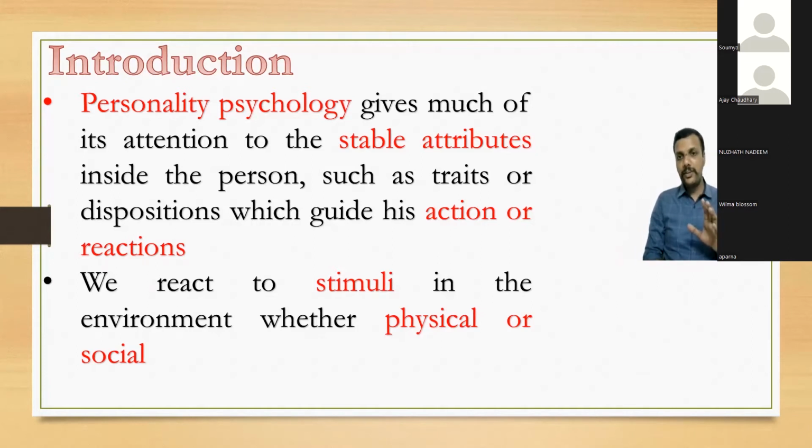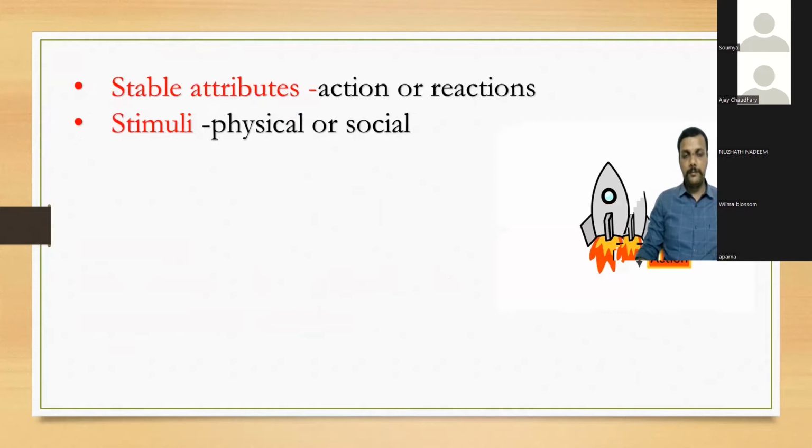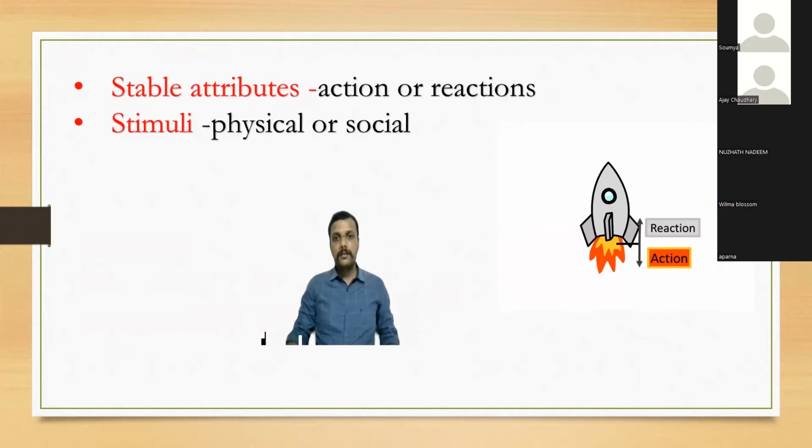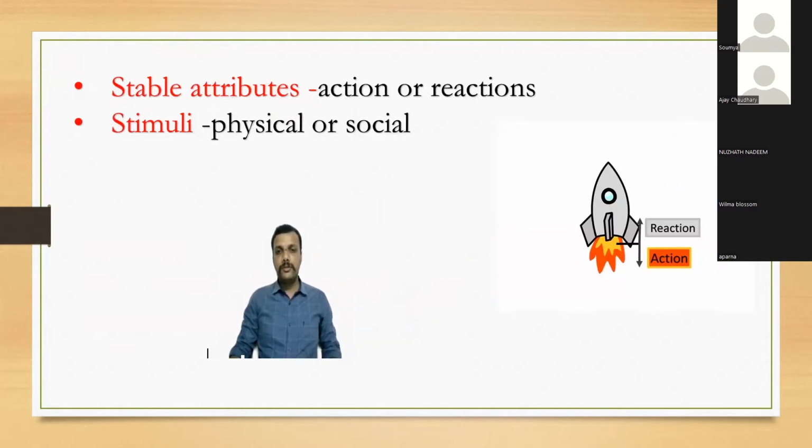So how our reaction will be to stimuli, physical or social, is also a key factor in determining our personality. Okay, then stable attributes, action and reaction, which we discussed just now. Stimuli, physical or social.